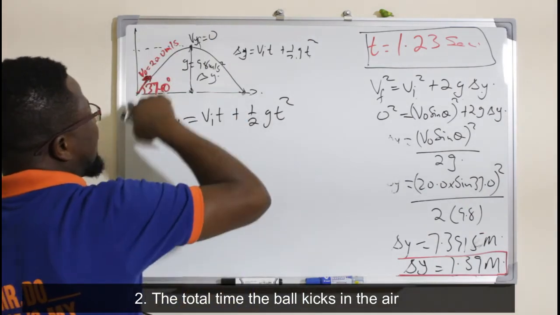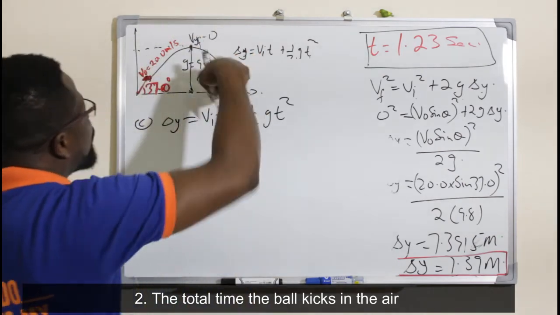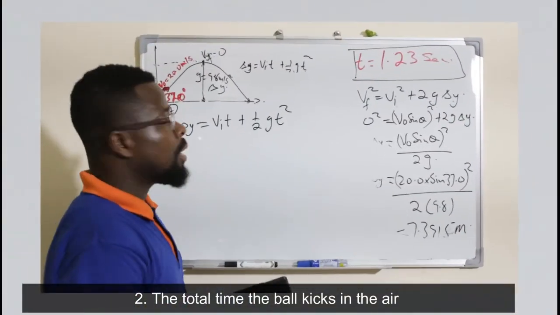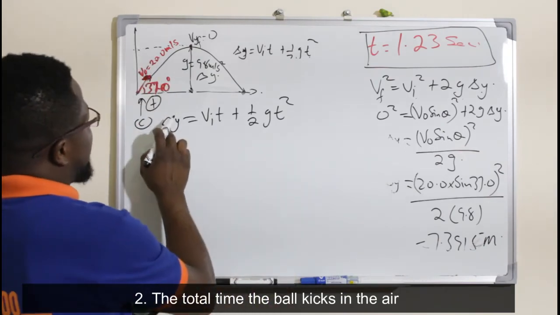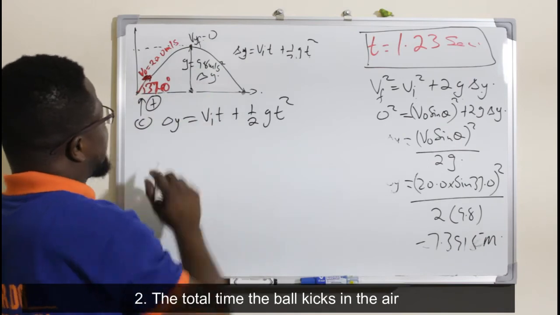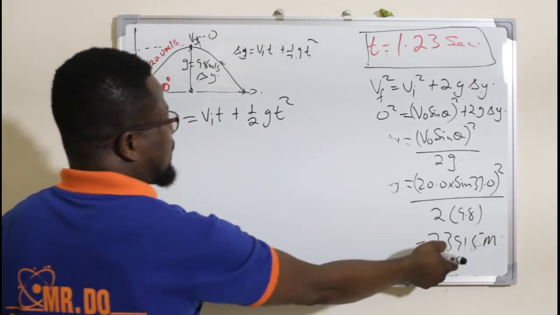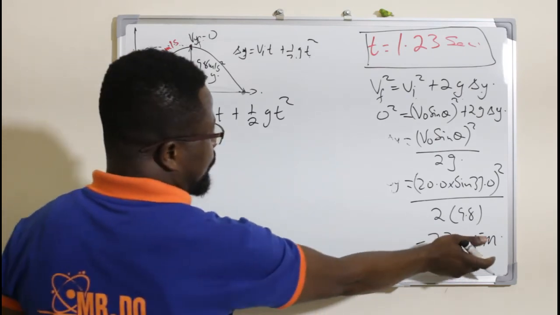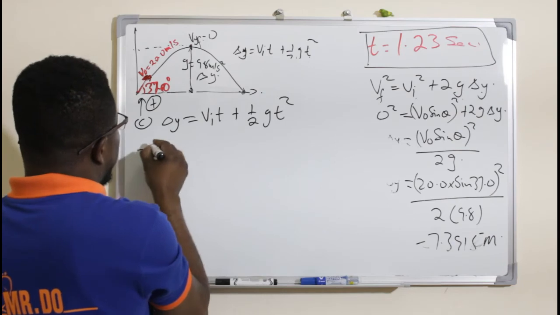Remember, I am looking at it from here to here, so I'm going to treat it as a negative value when it is coming down. Now it's coming down, so the displacement is going to be negative, and we have calculated for that. So I'm going to use the 4 decimal places value to get the actual value.